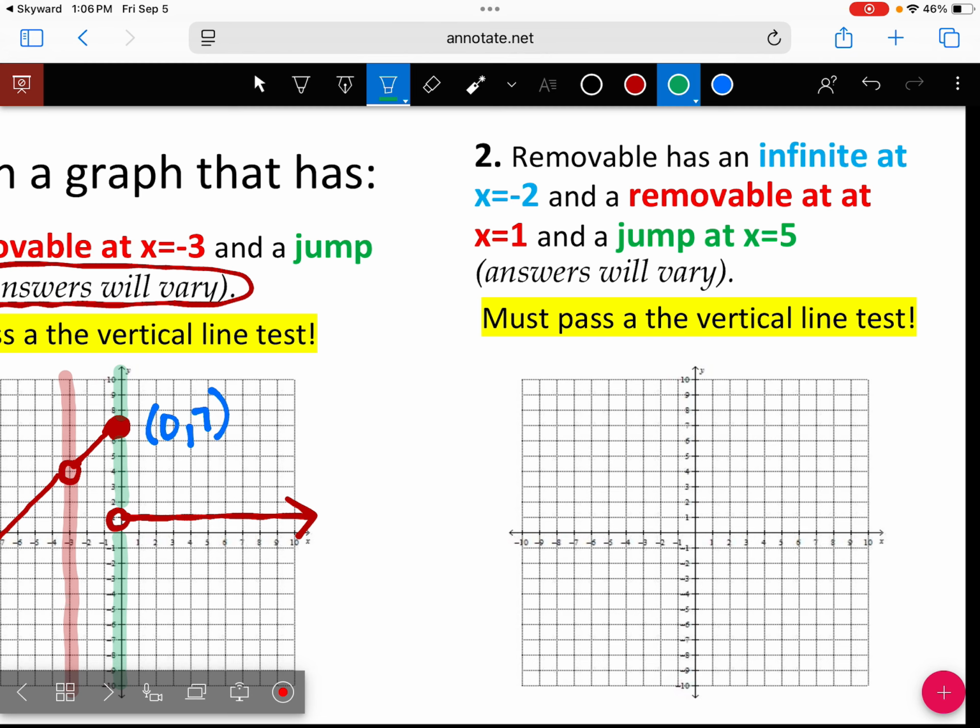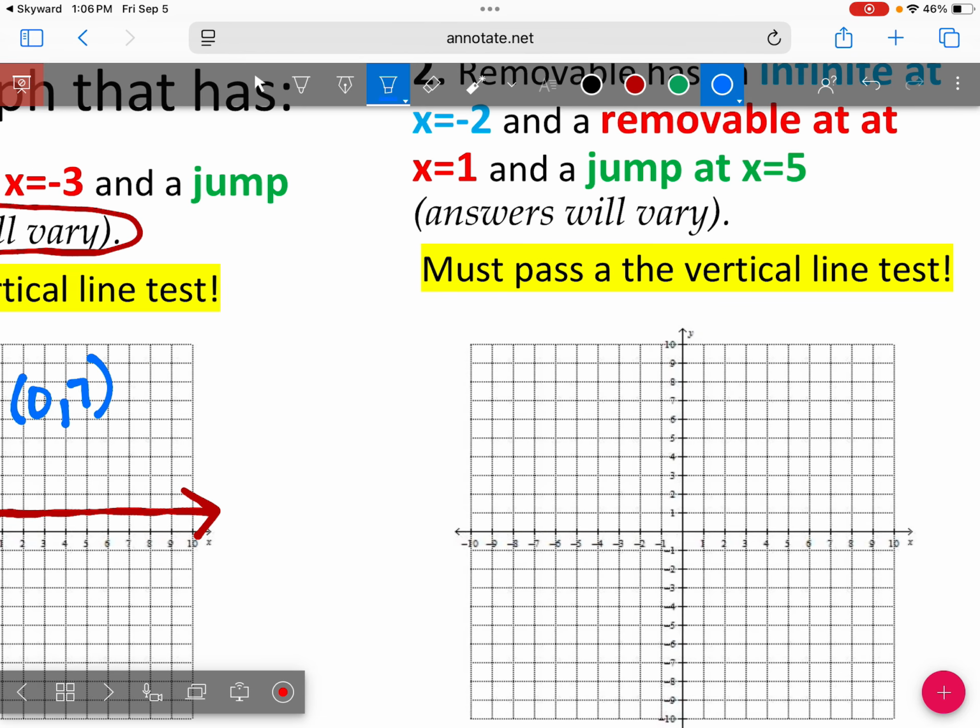So I'm going to draw in my 3 walls. So at somewhere around x equals -2, I need to have something that's going to happen here. It's going to be an infinite. Then at +1, I'm going to put a little hole. And then at +5, I have something.